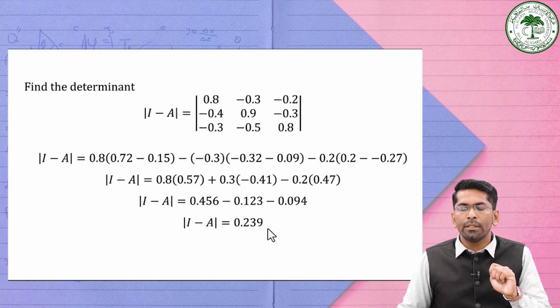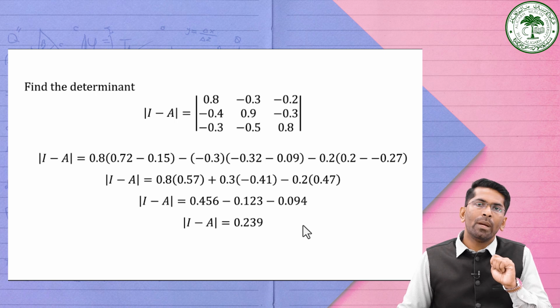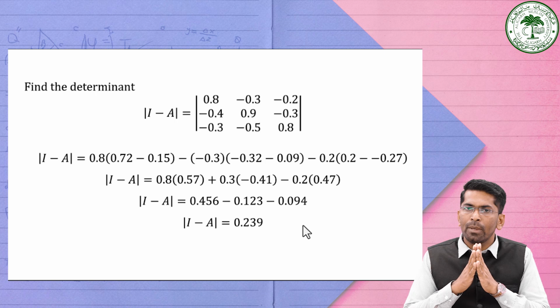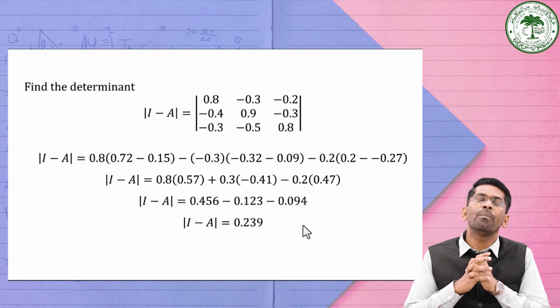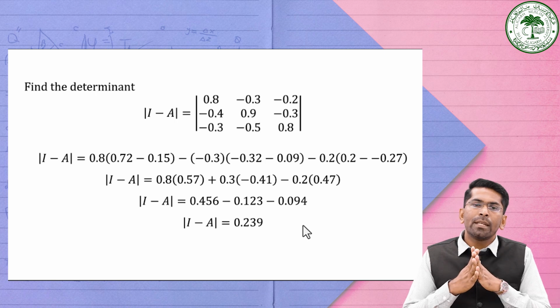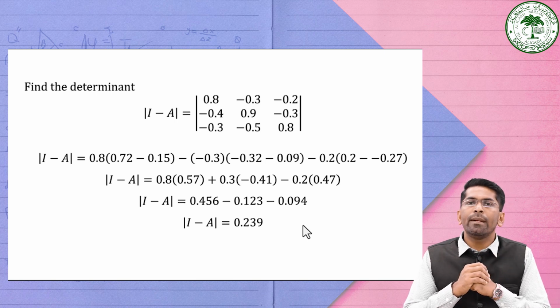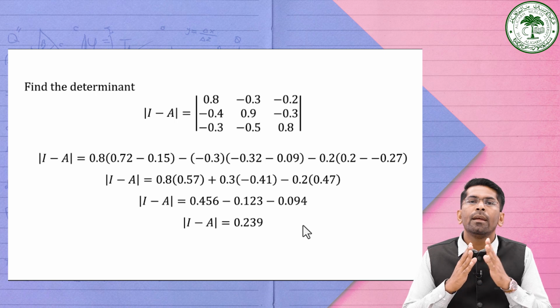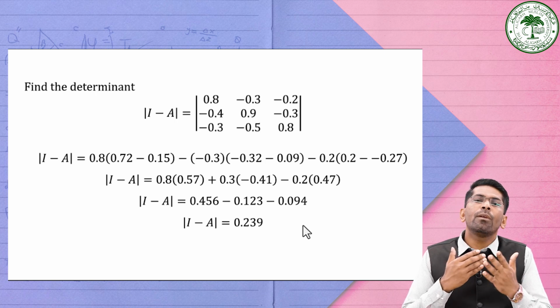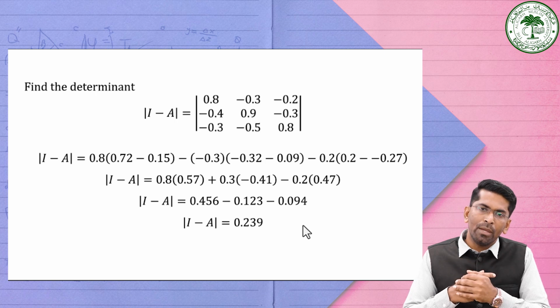Of course, it is greater than 0. So it is a non-singular matrix. So both conditions are satisfied. So we can say that the Hawkins-Simon condition is satisfied by the given matrix. This shows that if the Hawkins-Simon conditions are satisfied and the determinant value is greater than 0, it is a non-singular matrix, and accordingly we can go for finding the inverse of the given matrix.